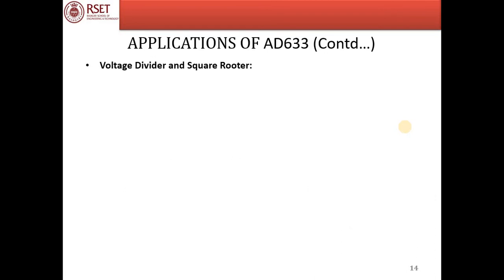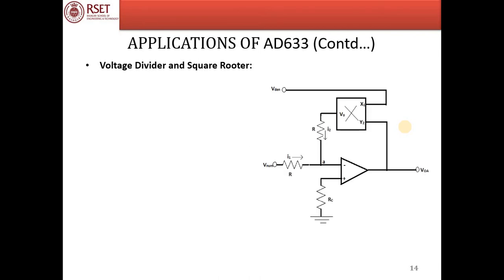Next is voltage divider and square rooter. This is the circuit for using AD633 as a voltage divider as well as a square rooter. First we will see the voltage divider. So you have a numerator V numerator and V denominator, and we expect an output to be V numerator divided by V denominator.